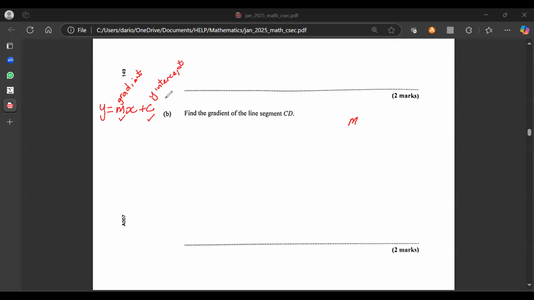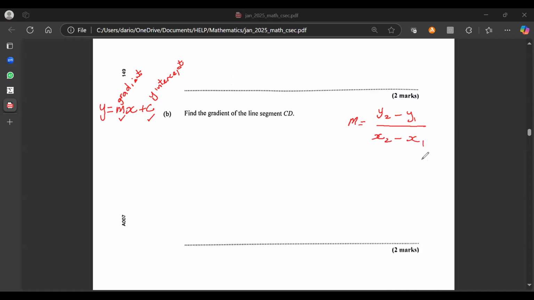Or where the line cuts the y-axis. All right, y-intercept, where the line cuts the y-axis. So the gradient is, what did you say? y2 minus y1 divided by x2 minus x1. Good.